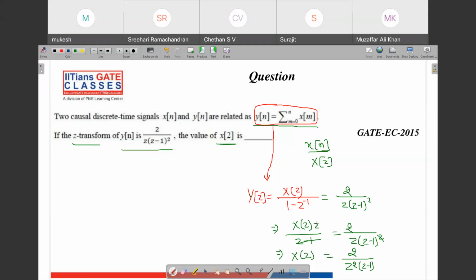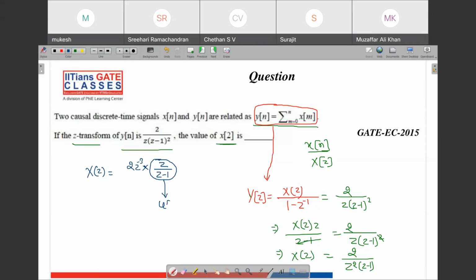Now this is the x of z. This x of z you can also write as 2 into z to the power minus 3 into z upon z minus 1. You can write it like this. So there is a multiplication here. These two are the same; I have just written it because I am going to use some property here. Now for the signal z upon z minus 1, we know what the x of n is.